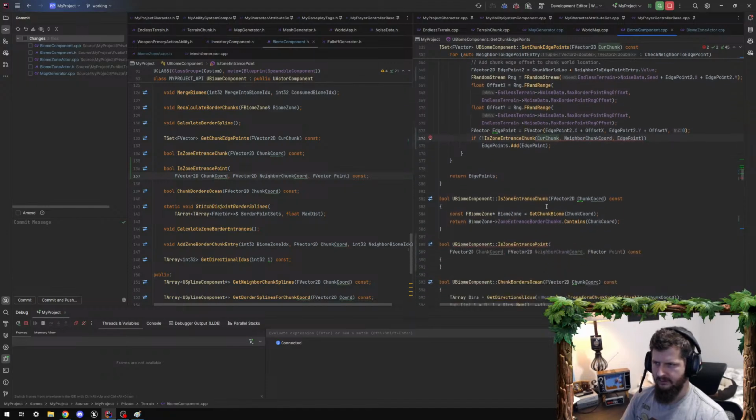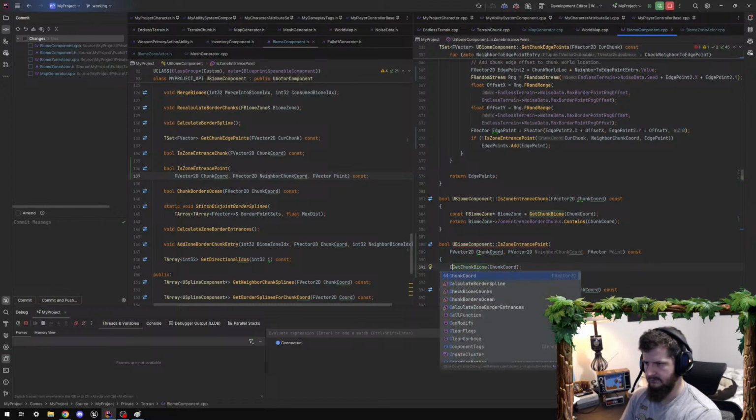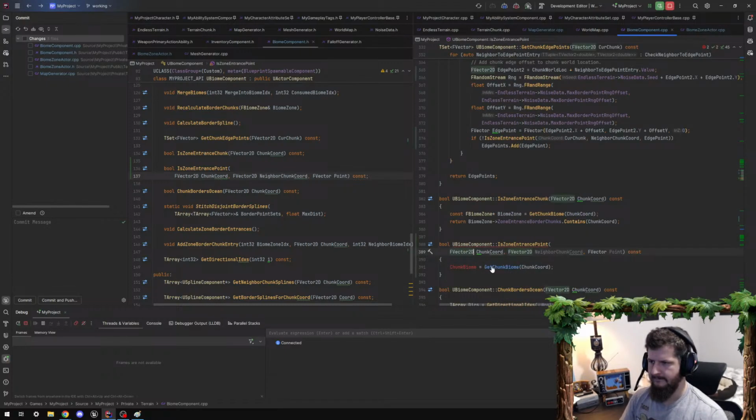What don't you like? It has is zone entrance chunk. It needs to be is zone entrance point. Okay. And so I will need to get the biome. Get chunk biome, chunk coord.